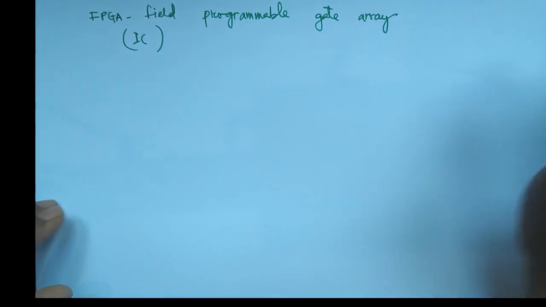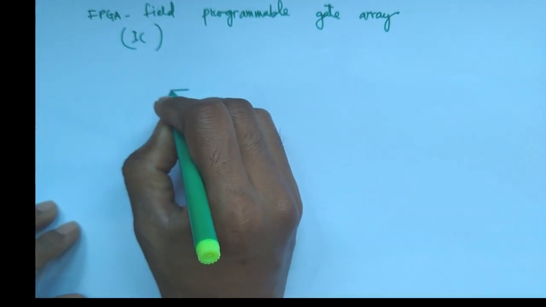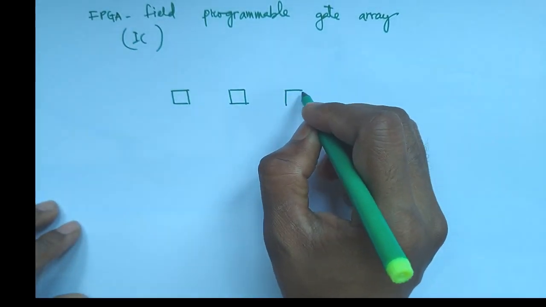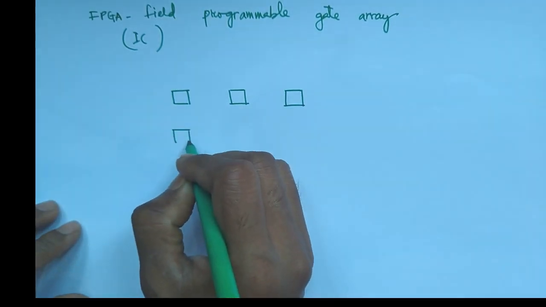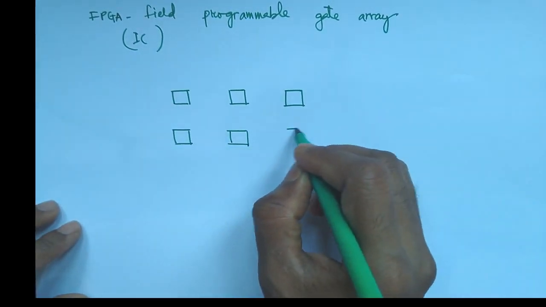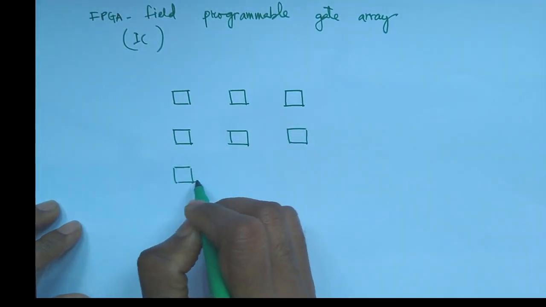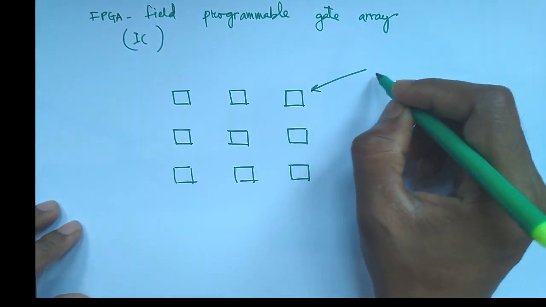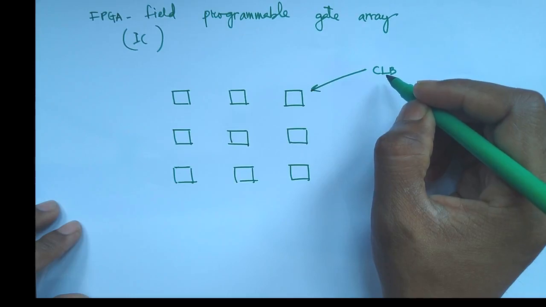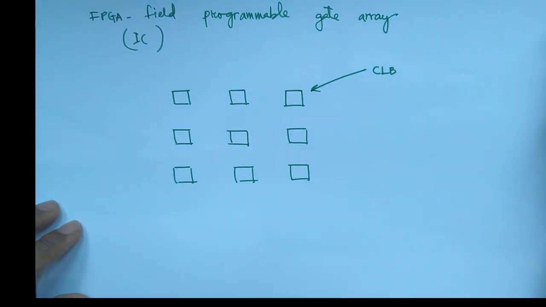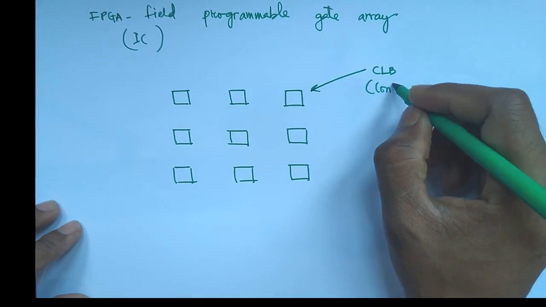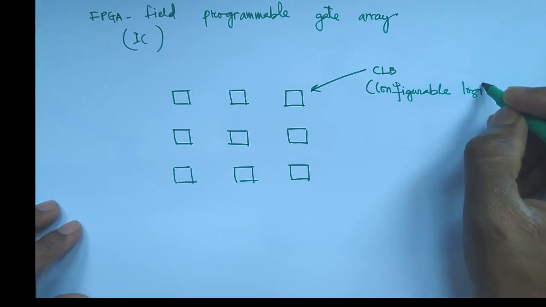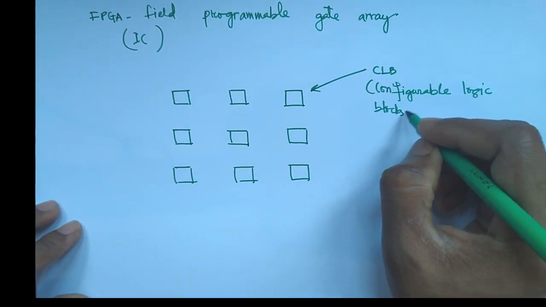If we look into it, it will look something like this. Inside any FPGA, there will be a multitude of micro blocks. These blocks are called CLB, configurable logic blocks.